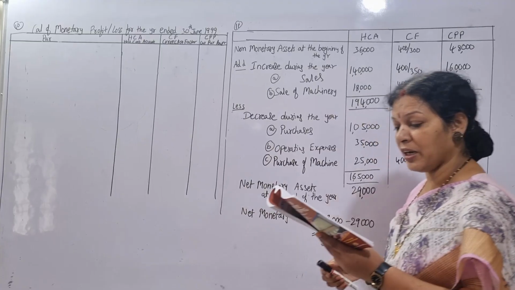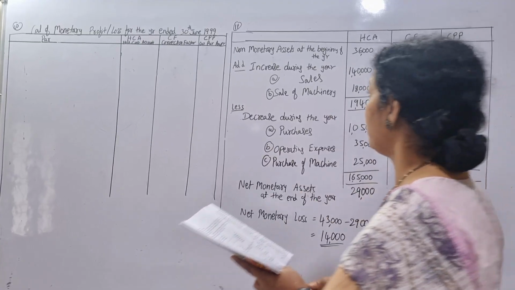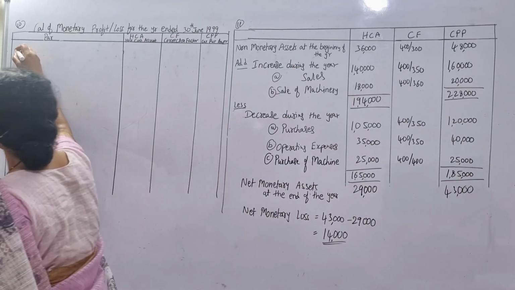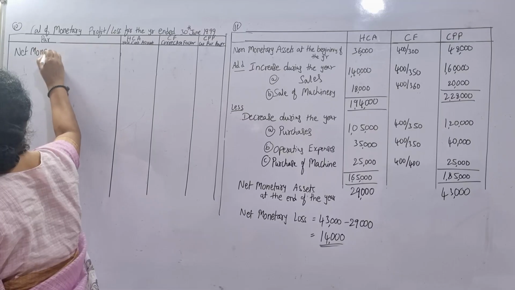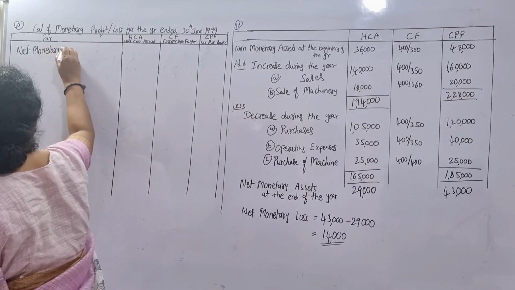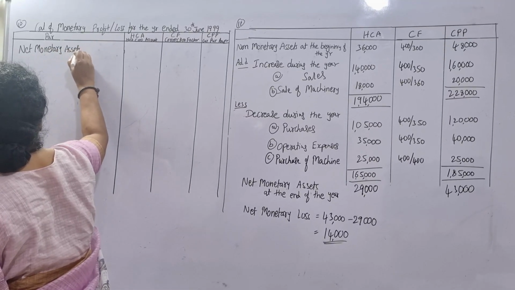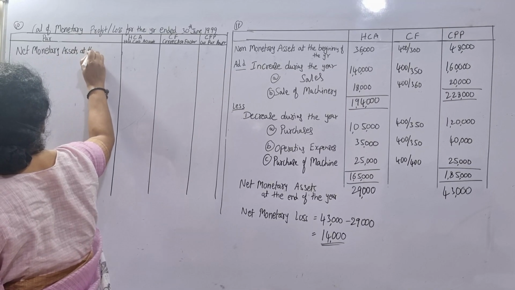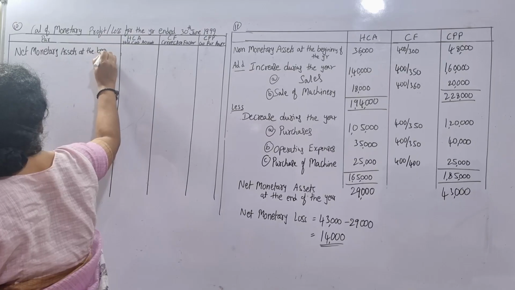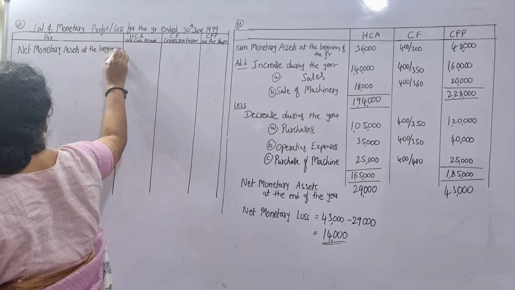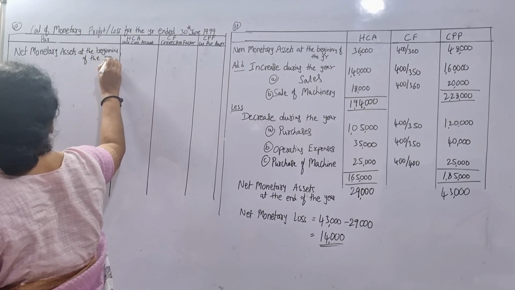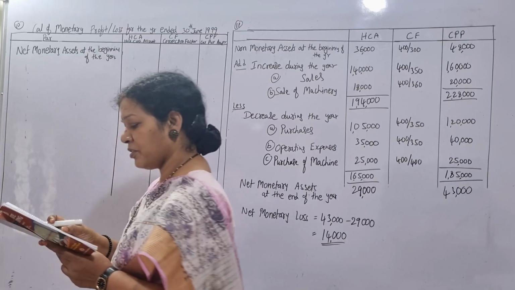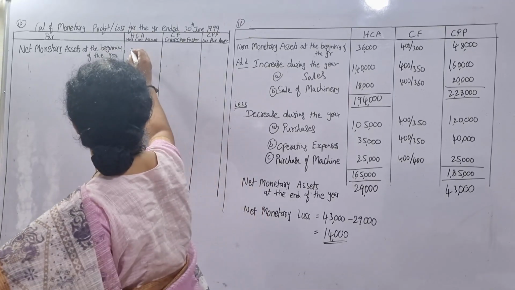First what we'll do, we'll start with the net monetary assets at the beginning of the year. Or if you want, you can write even the date also. How much is the net monetary assets? It is 1000.